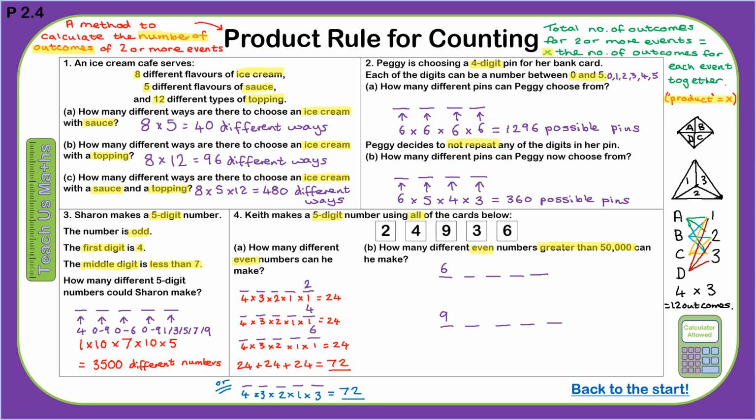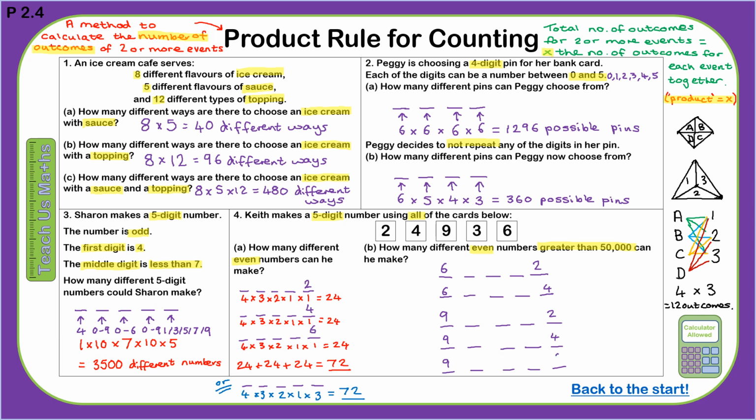So if we've already used the 6 at the front, then there's only 2 options. You can either use a 2 at the end or a 4 at the end. Whereas if he uses a 9 to begin with, he's got an extra option. He can pick either a 2 at the end, or a 4 at the end, or the 6 at the end.